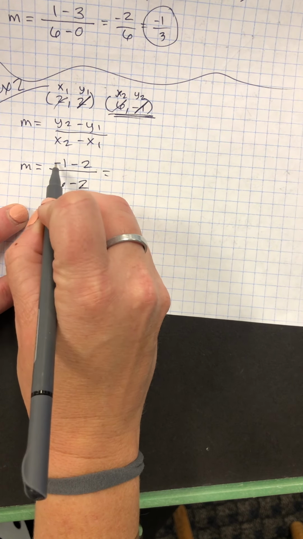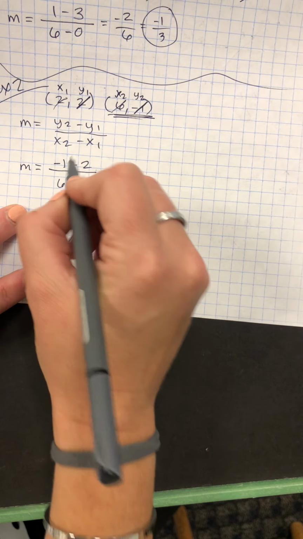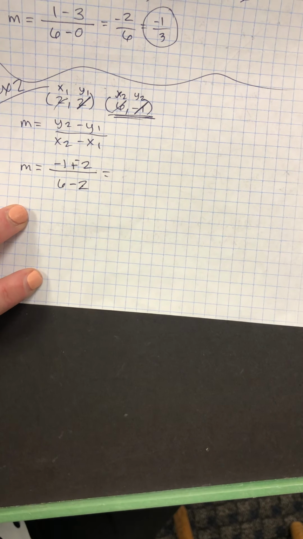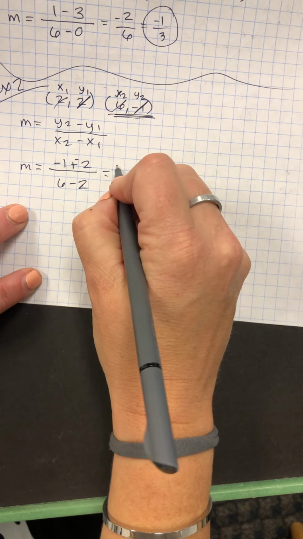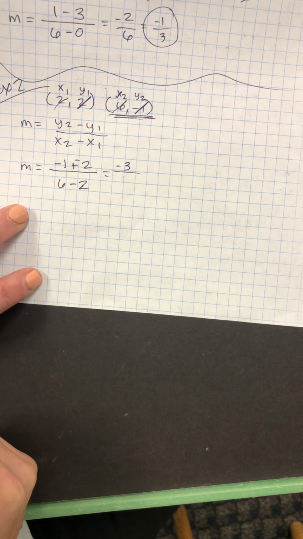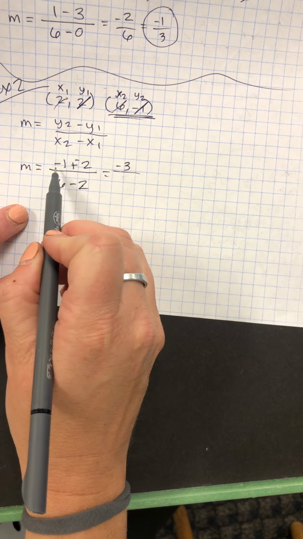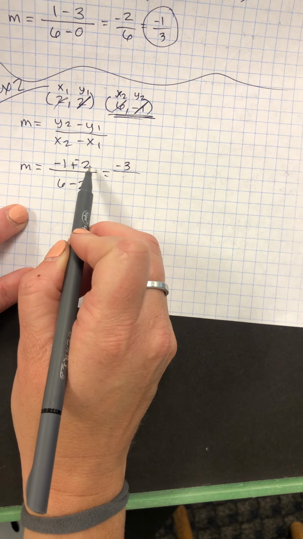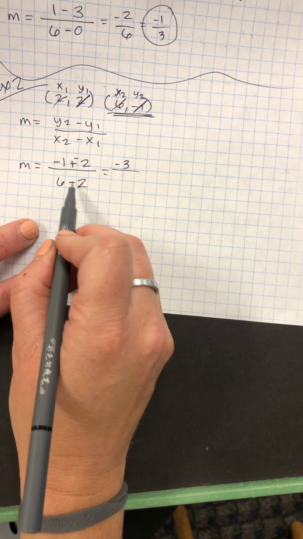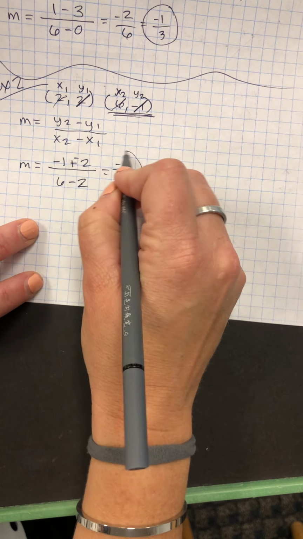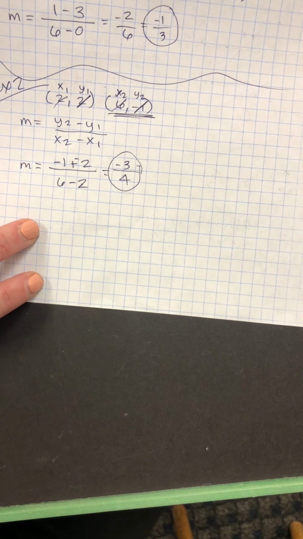I have the same thing, negative 1 and a negative 2 more. These signs are the same, so I add them. Negative 3. When the signs are the same, right? I add. On the bottom, I have 6 minus 2, which cannot be simplified or reduced.